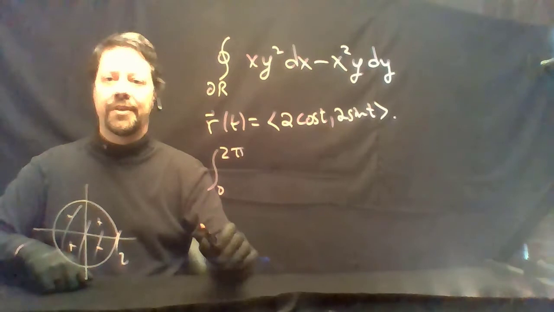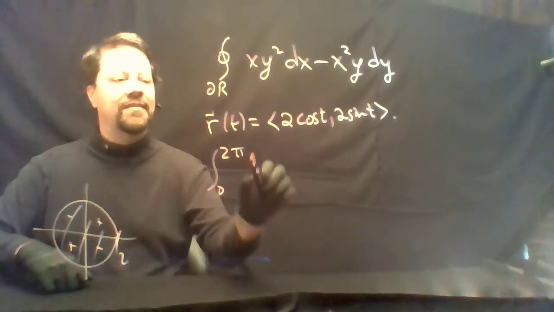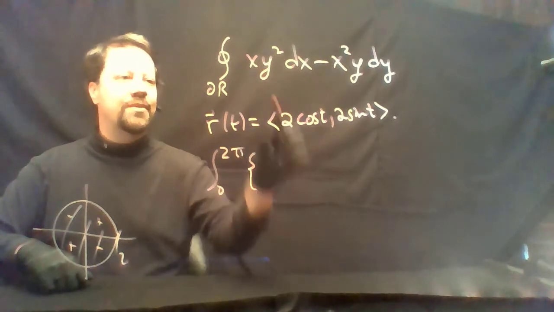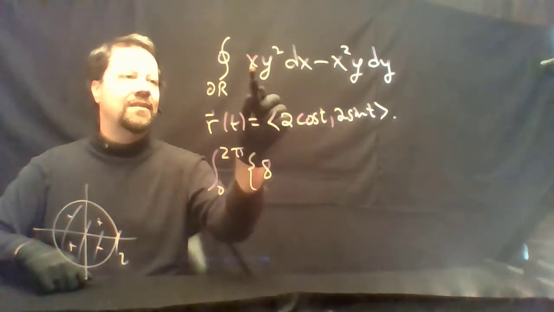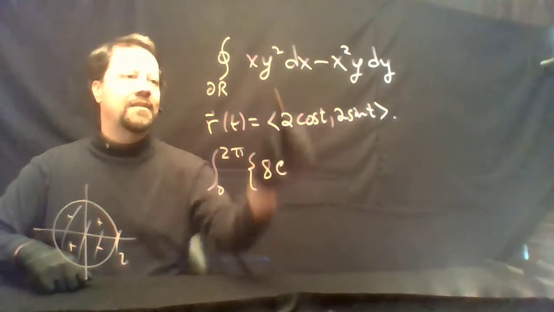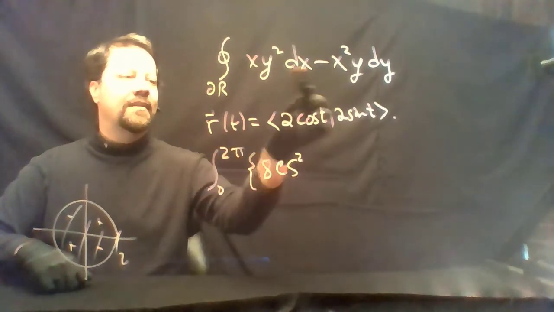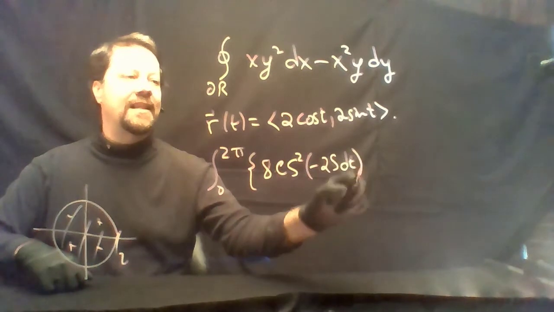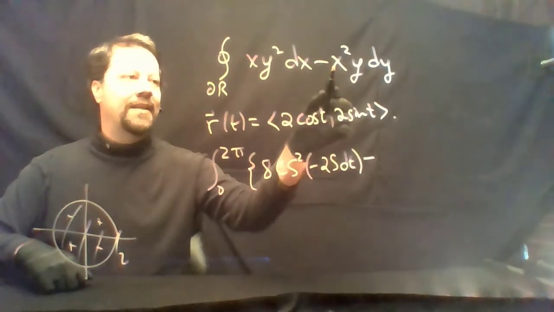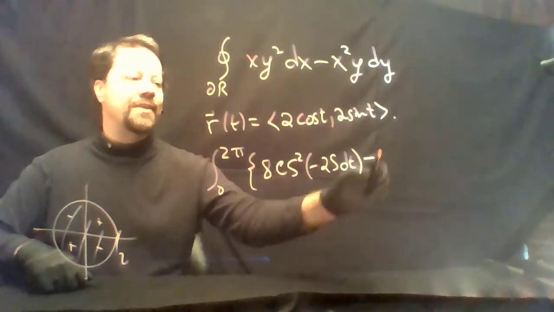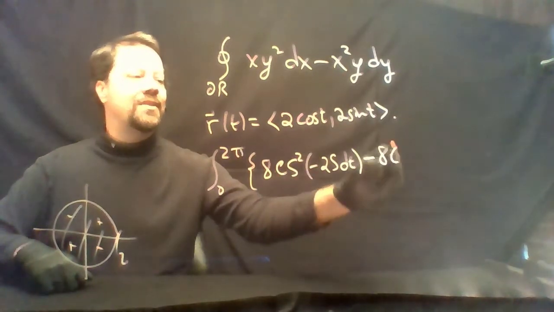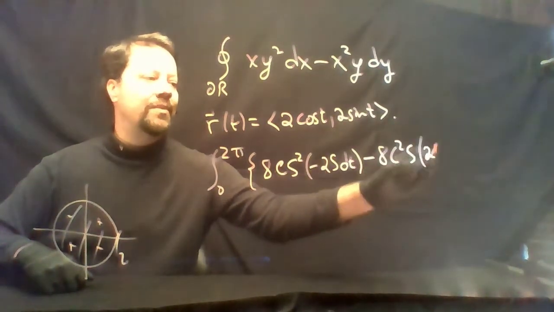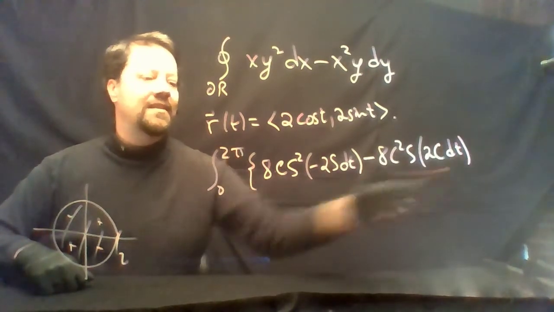T will run from 0 to 2 pi to go all the way around. Plugging everything in, we'll have 2 times 2 squared, that's 8, cosine times sine squared, and dx is going to be negative 2 sine dt. Minus 2 squared is 4 times another 2 is 8, cosine squared sine, and dy is going to be 2 cosine dt.